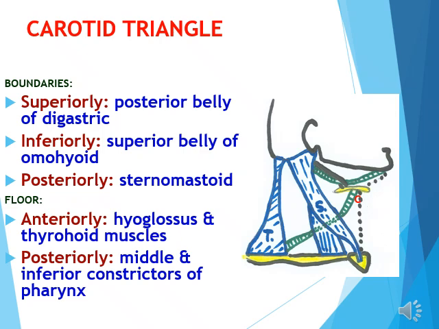These boundaries are not arbitrary, they are anatomical signposts. They help us locate the carotid sheath, which houses the common carotid artery, internal jugular vein, and vagus nerve.